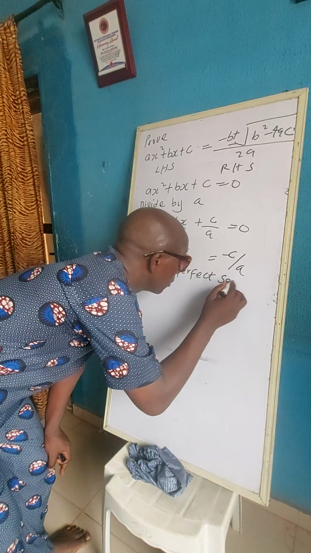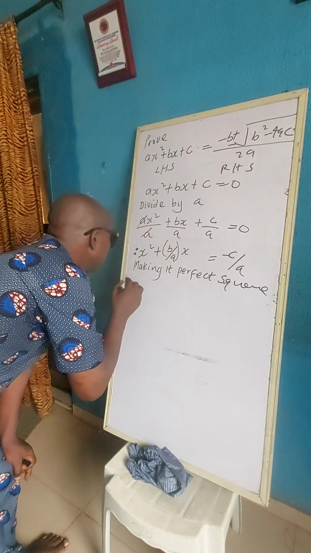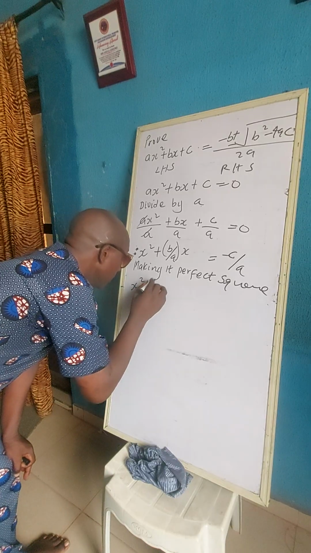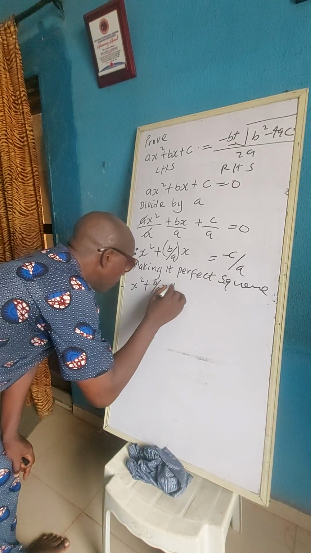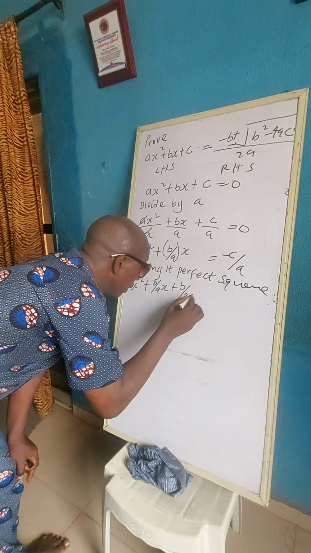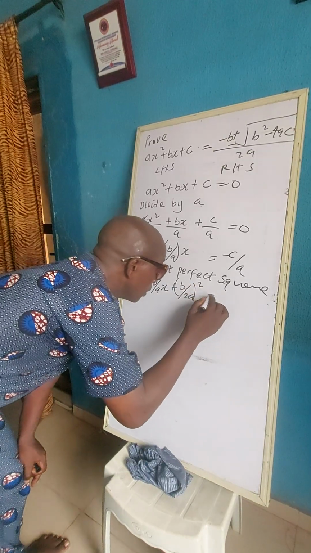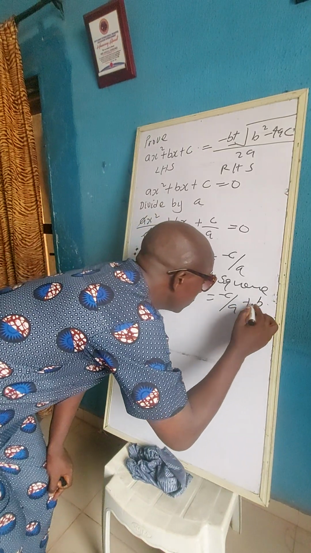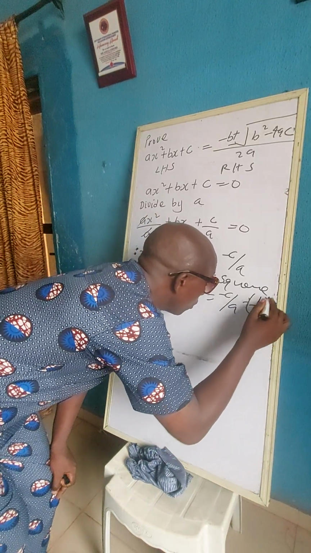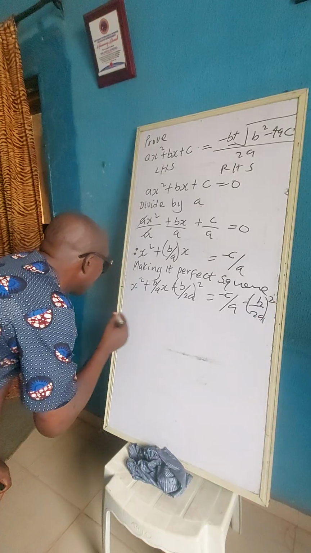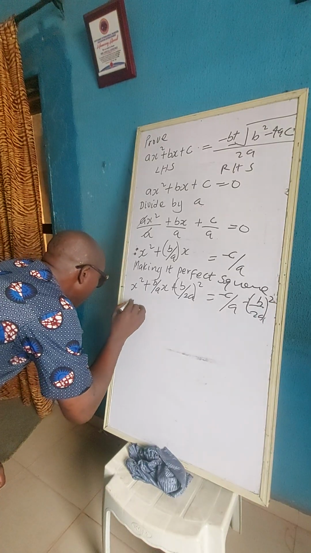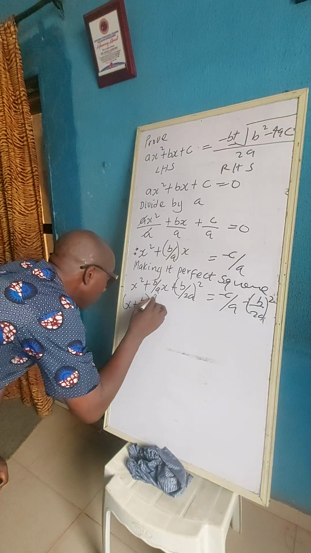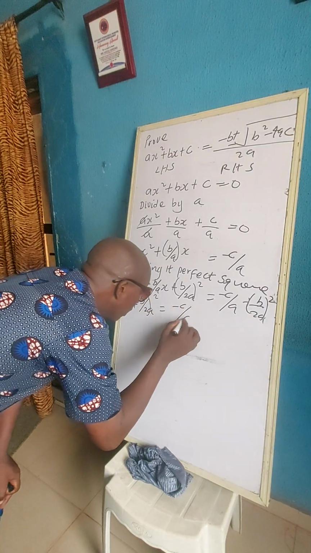It becomes x squared plus b over a x plus b over 2a all squared equal to minus c over a, balance it, plus b over 2a all squared. Then this one comes together, it becomes x plus b over 2a all squared equal to minus c over a.